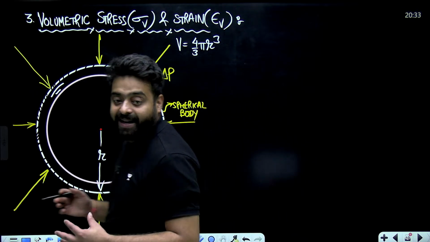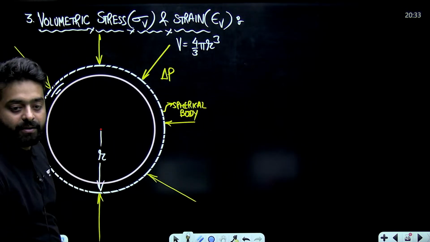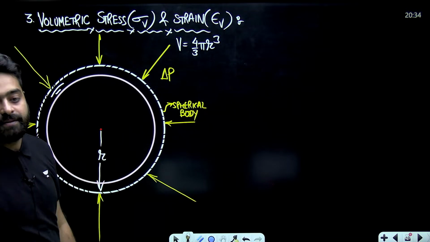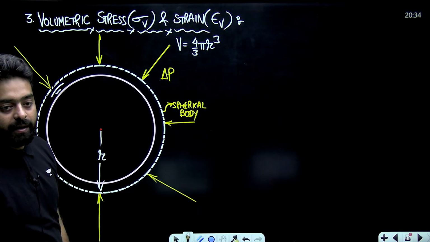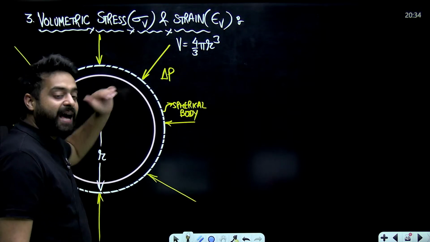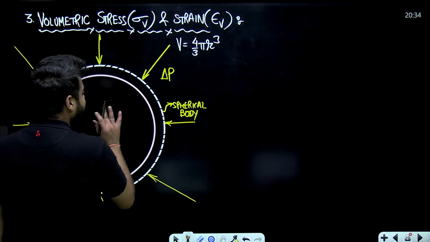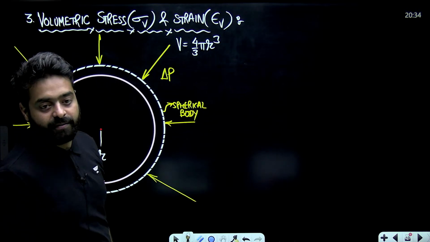Now the volume has changed. The volume is slightly decreased. Initially, let's suppose there is a volume V. Now there is a volume V dash, some other volume. I can see very clearly there is a volume change.